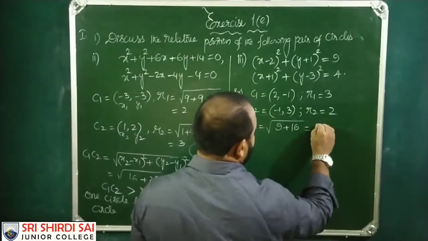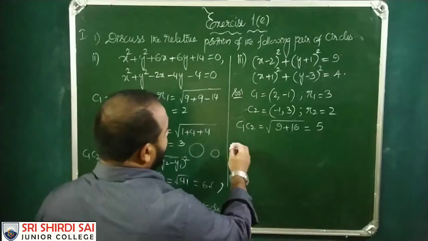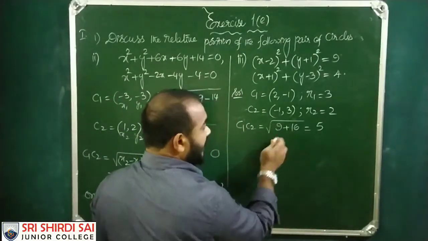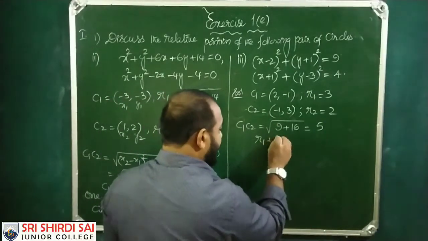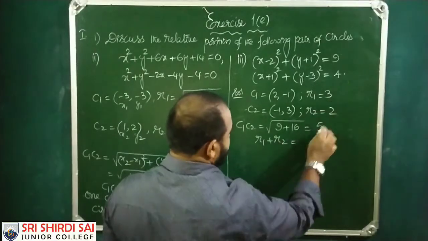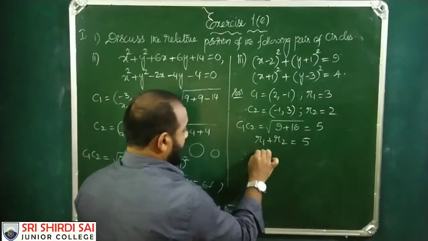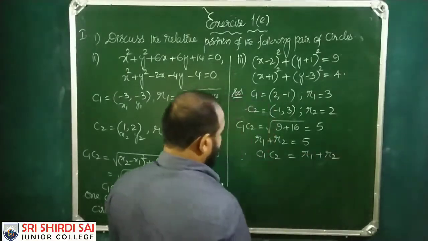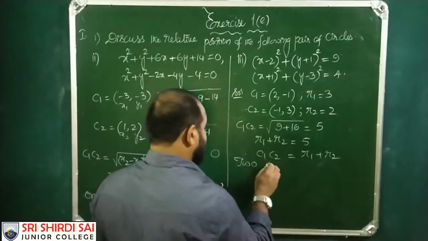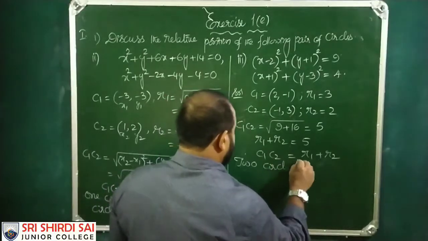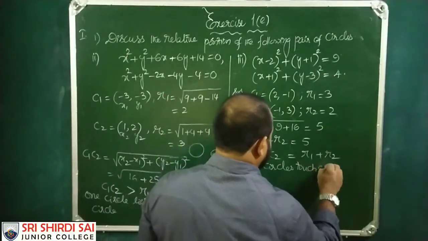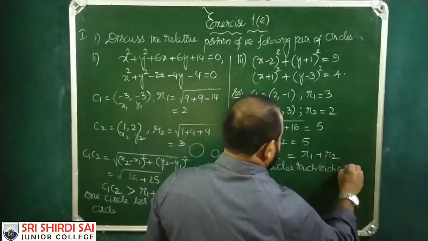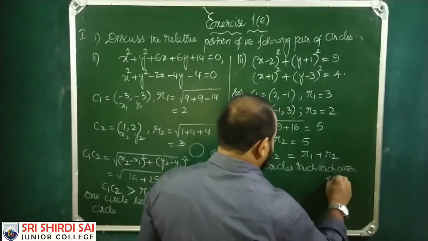So root 25 is 5. Here, what is R1 plus R2? 3 plus 2, 5. Therefore C1C2 is equal to R1 plus R2. So the two circles touch each other externally.